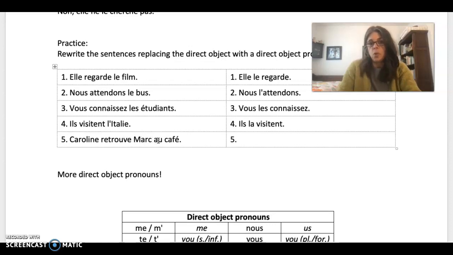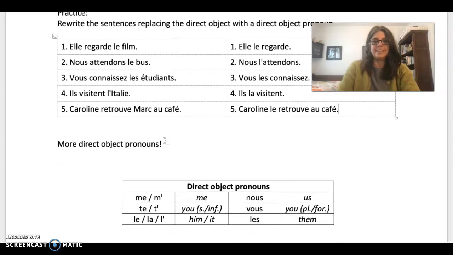Here we have au. That's a clue that that's not a direct object. So it is the word that comes right after the verb. So Marc is our direct object. So we're going to say she meets him at the cafe. Or in French, she, him meets at the cafe. All right, so Caroline le retrouve au café. Okay? All right.